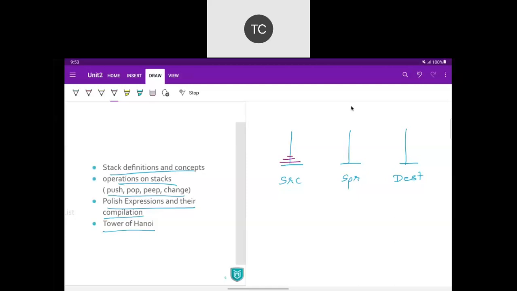So there are 2 points: at a time you can transfer only one disk, and a smaller disk can be put on a larger disk. Vice versa is not allowed.